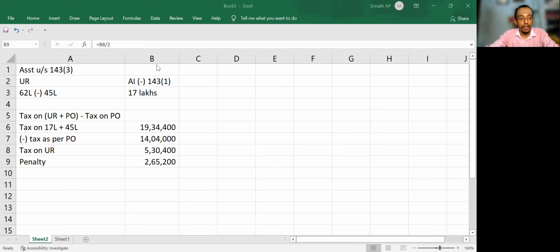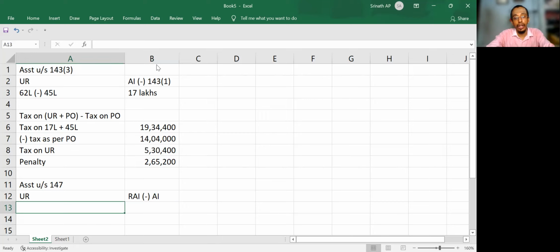Moving on to the next one, assessment under section 147. Underreporting would be equal to, same as what we discussed, reassessed income minus assessed income.